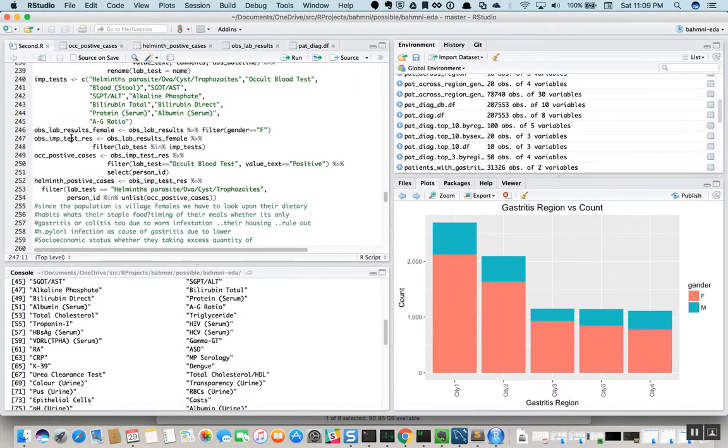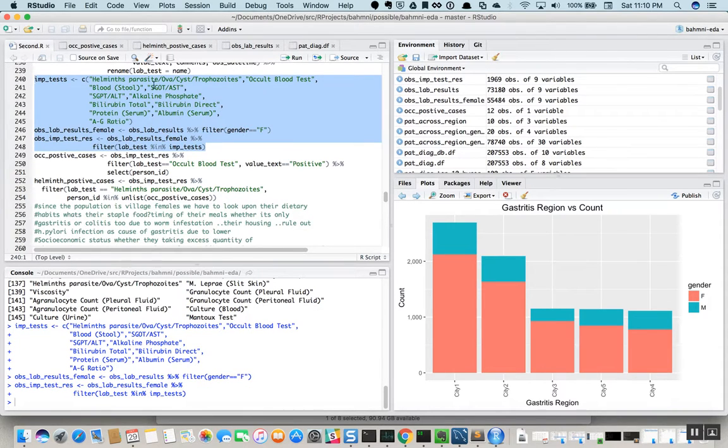So this variable, ops important test results, has the result values for all the female patients for these important tests. If we execute these statements, we can look at the ops important test results.